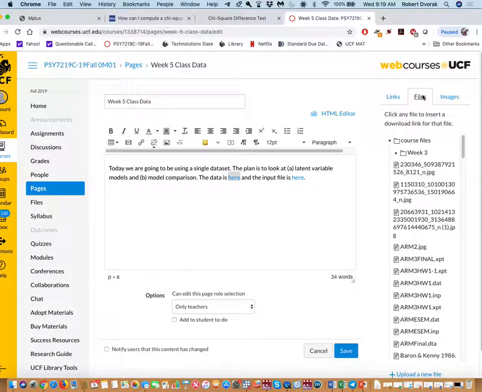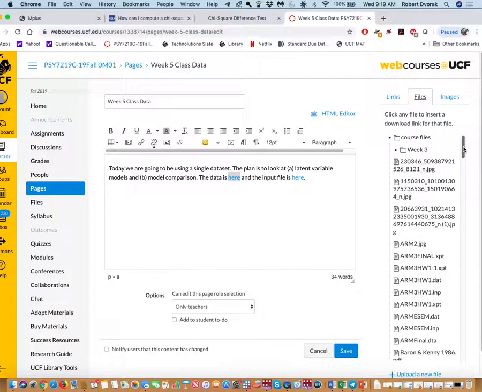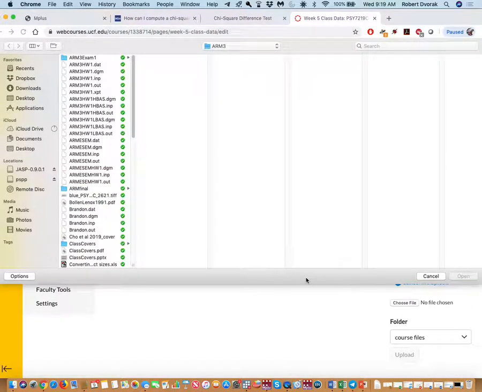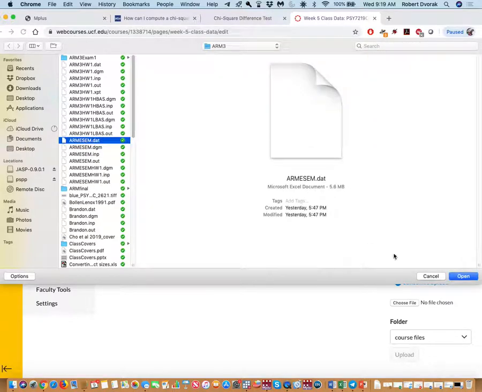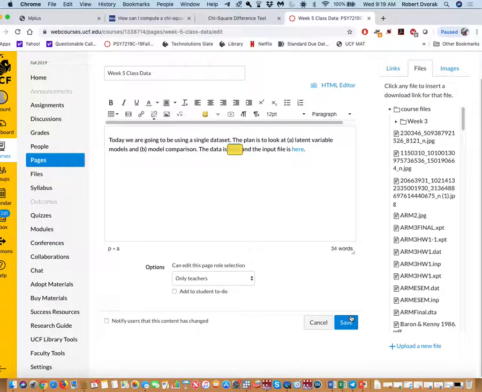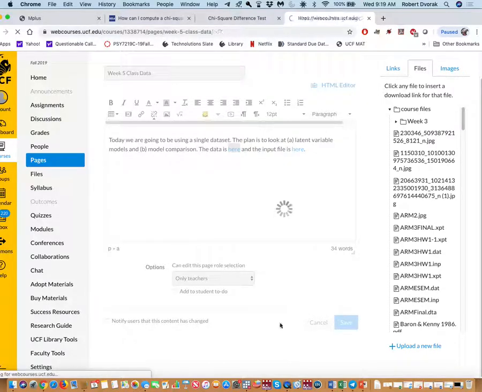The input file worked though? Was the input file the actual data file? No. If you download input, is it actual an input file? Yeah. Okay. There it is. Wait, did you find the data file? Okay, so it should be ARM, SEM, DAT. That looks like the right file, right? I wonder, I don't know what I did.